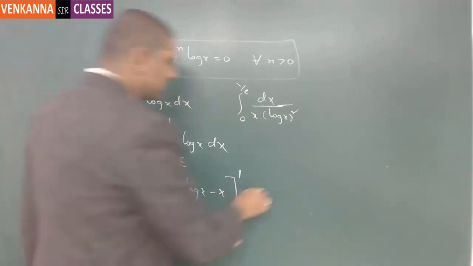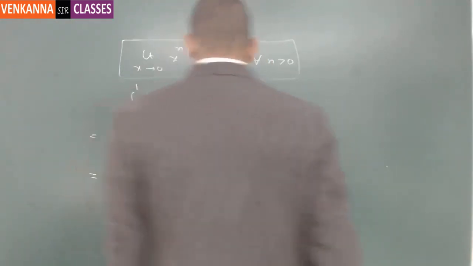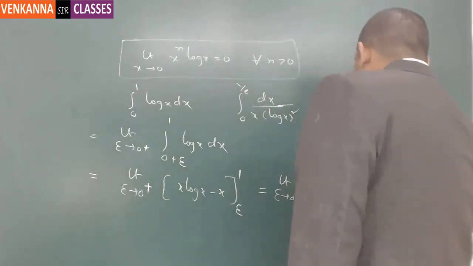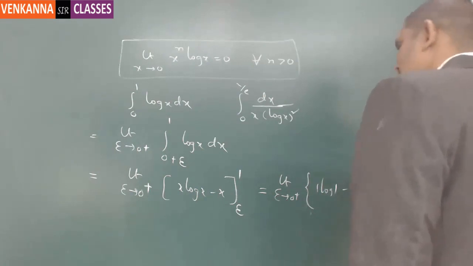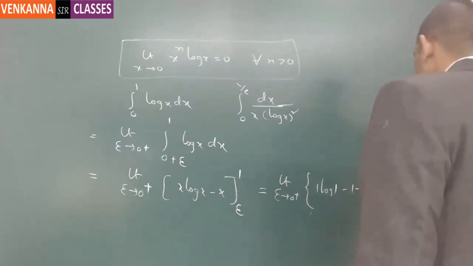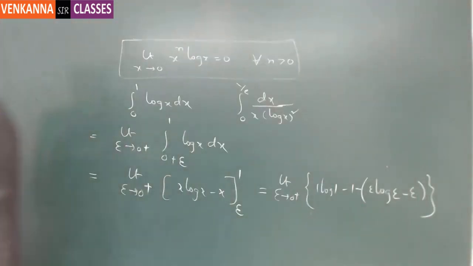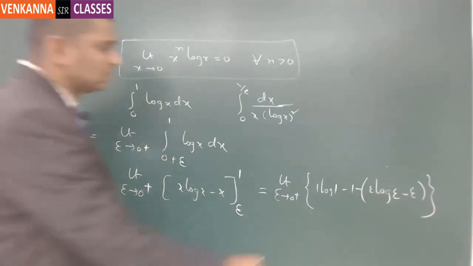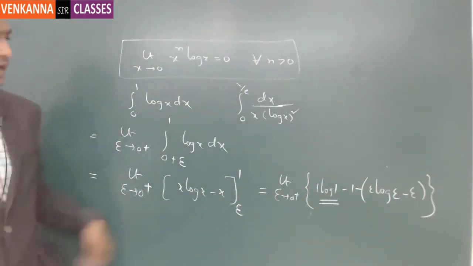So if you apply the limits, limit epsilon tends to 0 plus, so 1 into log 1 minus 1 minus of epsilon into log epsilon minus epsilon. Accepted? So this part, the limit is 0.